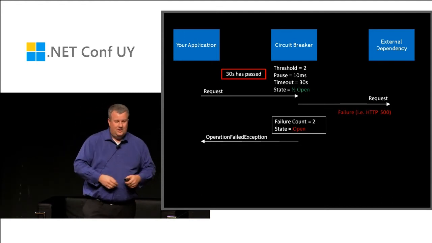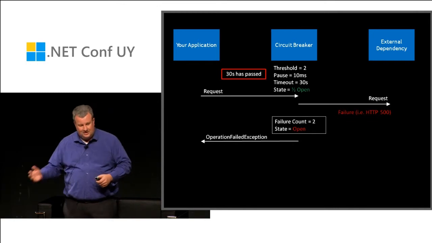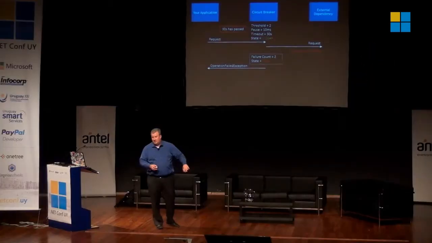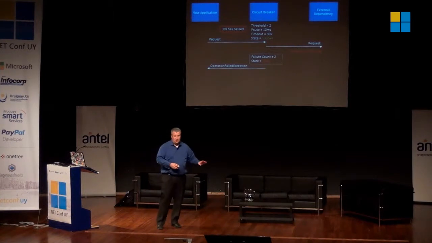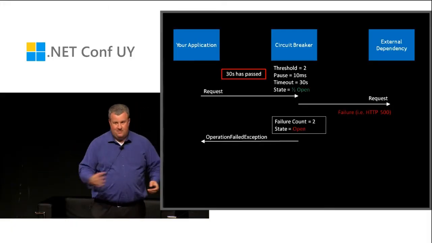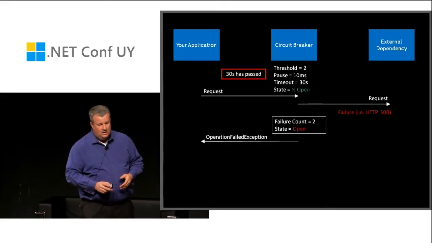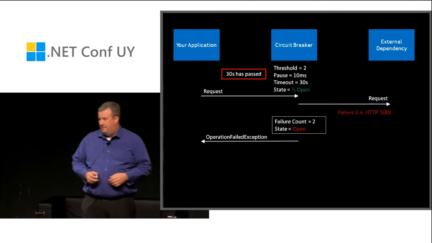We're back at a 30-second wait period now to let the system get back up. We're not going to DDoS it by flipping it straight to a full open state. That's the worst thing you can do to a system recovering, because everybody hammers it again then. So this is where we end up.